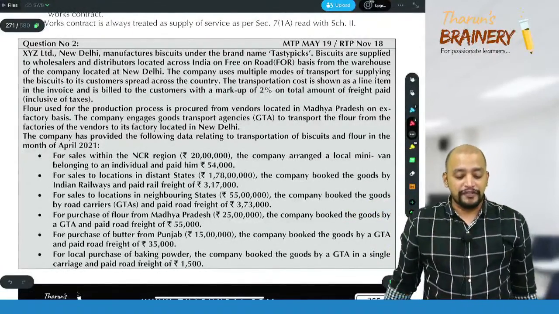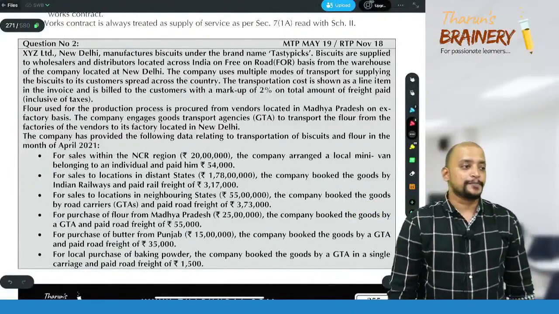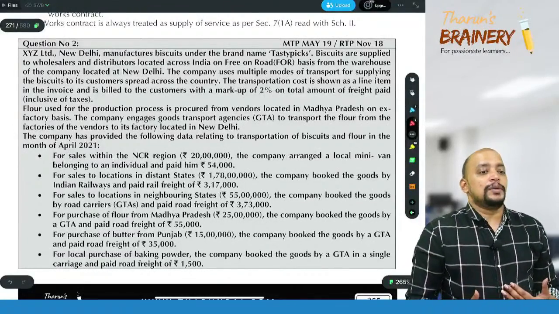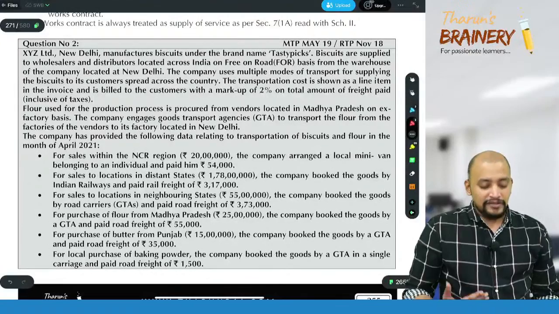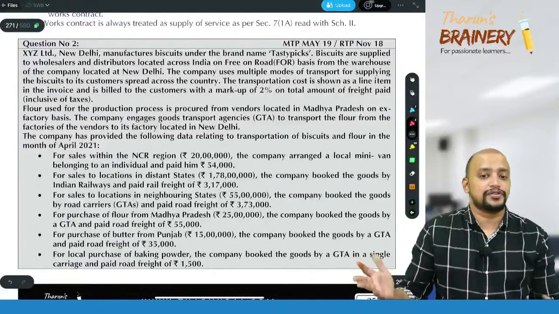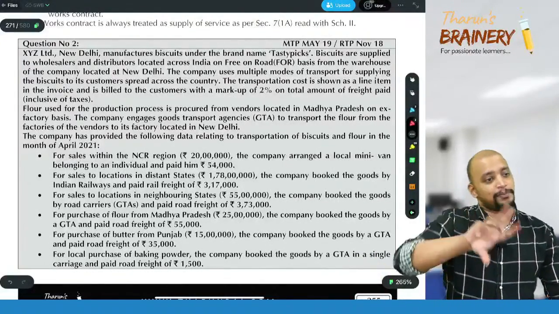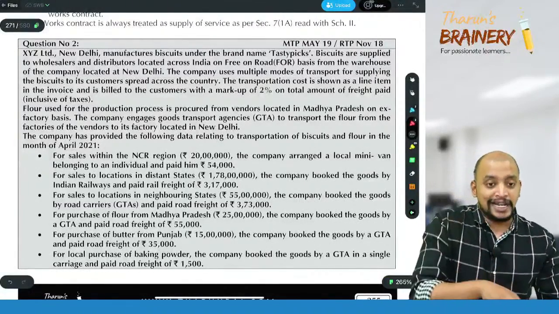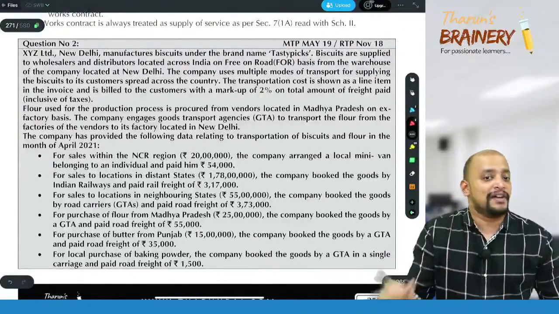Got it? So 54,000 plus 2% how much? 55,000. So here the value will be 20 lakh 55,000. Correct? 20 lakh plus 55,000 will be the value.